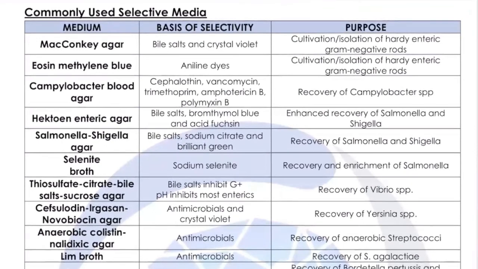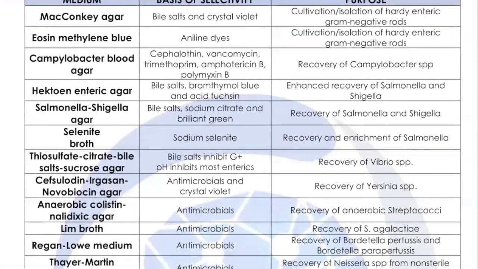I'll just point out our Salmonella Shigella agar, because that is its name, Salmonella Shigella agar. It contains bile salts, sodium citrate, and brilliant green, which is utilized for the recovery of Salmonella and Shigella. However, this Salmonella Shigella agar may inhibit Shigella.